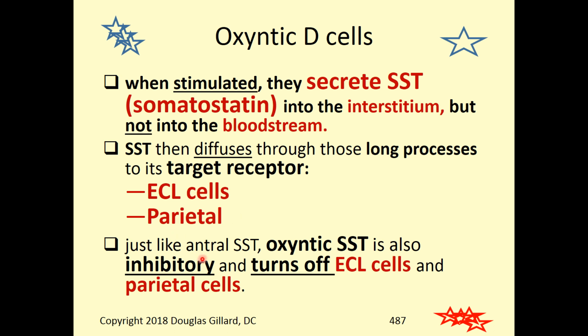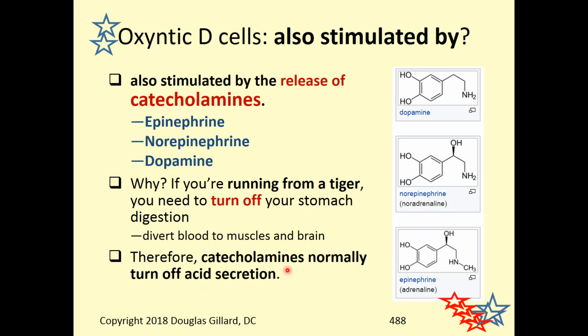It's always inhibitory, right? It always turns things off. We've already said that. They're stimulated by some other things. So catecholamines can stimulate these. Epinephrine, norepinephrine, dopamine. Epinephrine, the tiger's chasing you. Once those levels get high enough, oxyntic D cells are stimulated to produce somatostatin, and that shuts off the machinery, right?